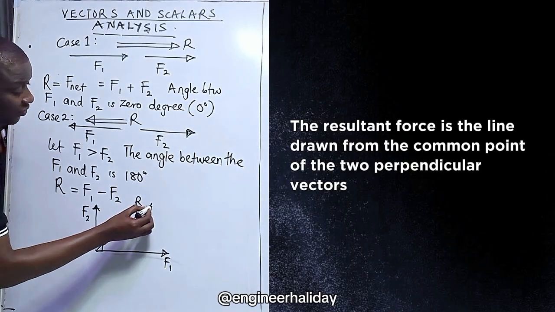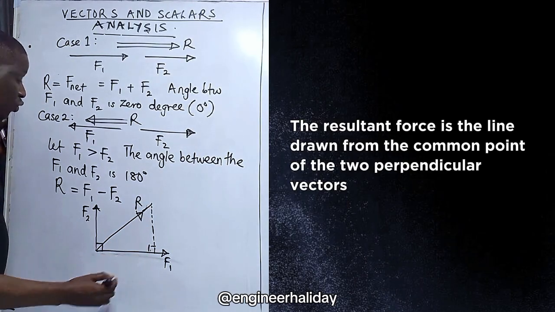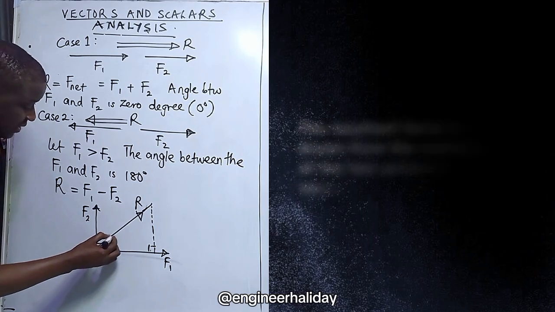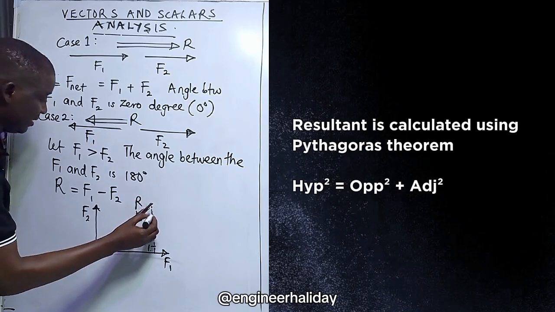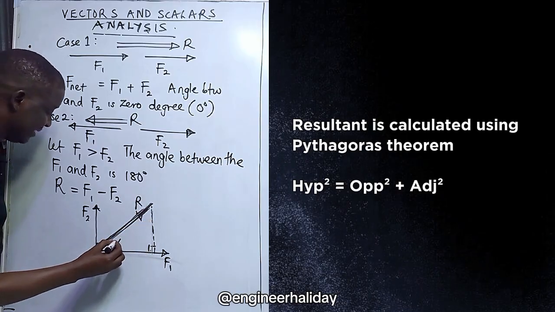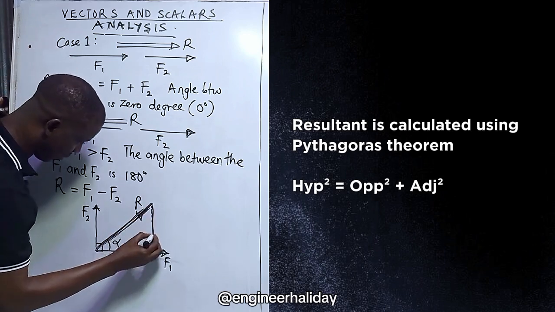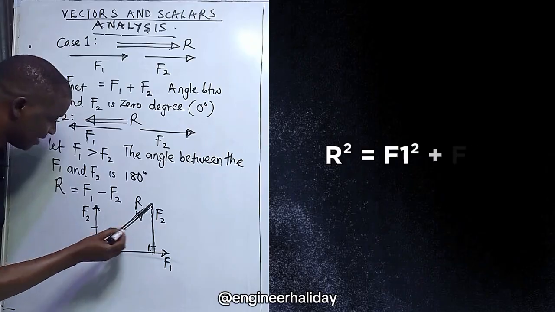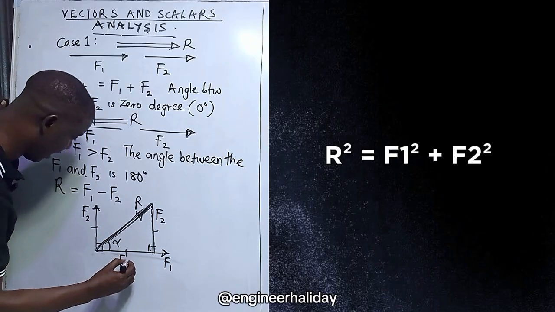How do we get the resultant force? Let's close the triangle. We are going to use Pythagoras theorem, knowing that this side is the hypotenuse, the direction of the resultant, and this side is the opposite, which is F2, while this one is F1.